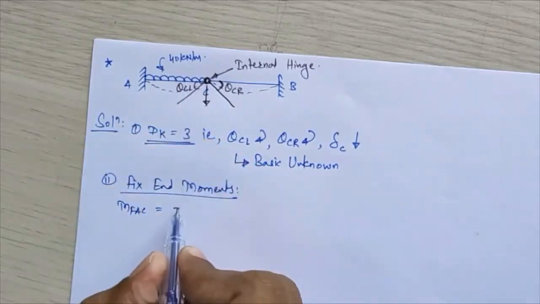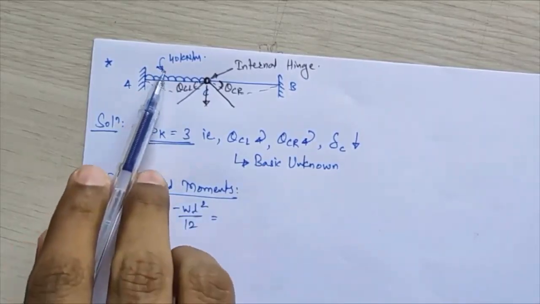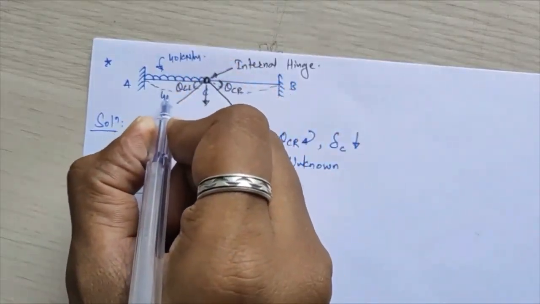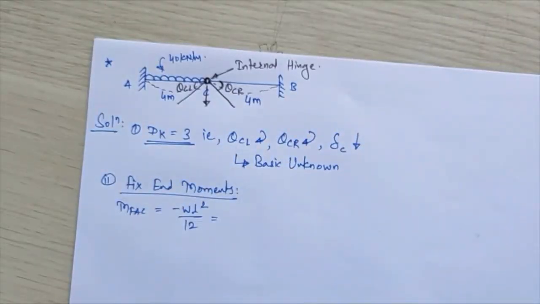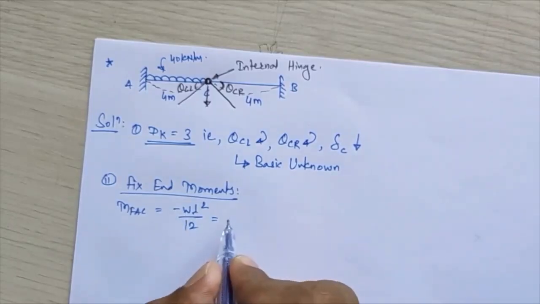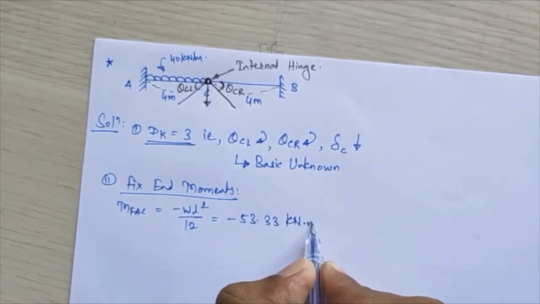UDL is given, so minus WL square divided by 12. W is your 40, and the length for AC is 4 and for CB also it is equal to 4. So W, that is 40 into 4 square divided by 12, we get minus 53.33 kilonewton meter.